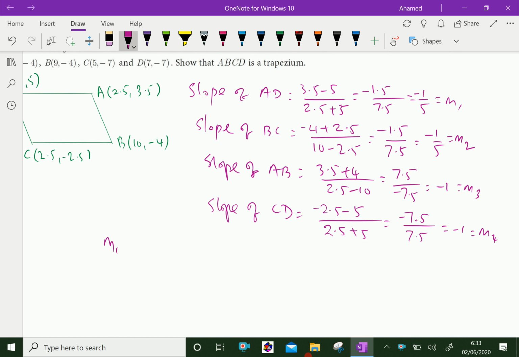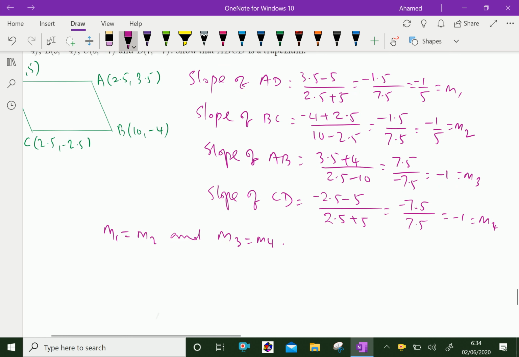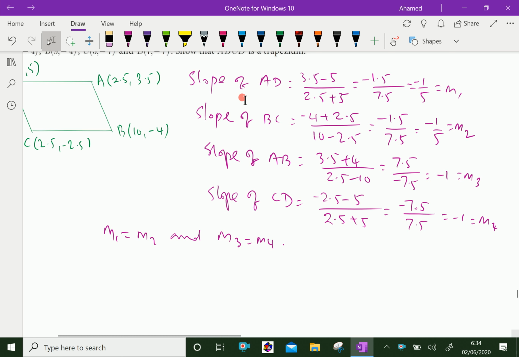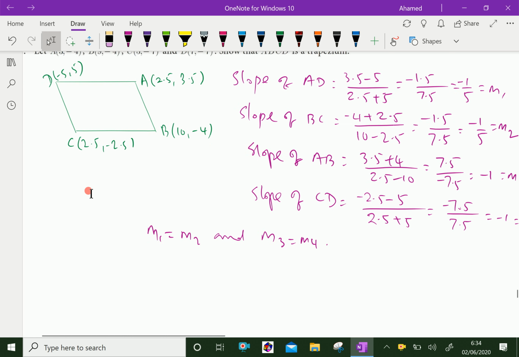So m1 equals m2, and slopes m3 is minus 1, m4 is minus 1, so m3 equals m4. Therefore, we can say m1 is the slope of AD, and AD is parallel to BC, and AB is parallel to CD.